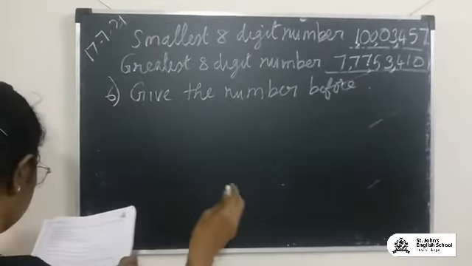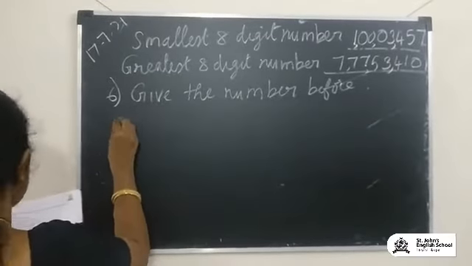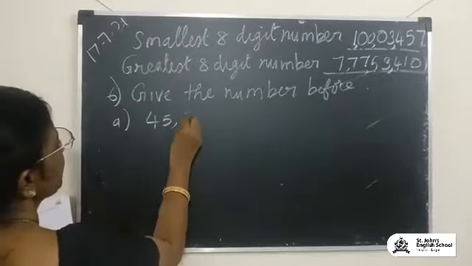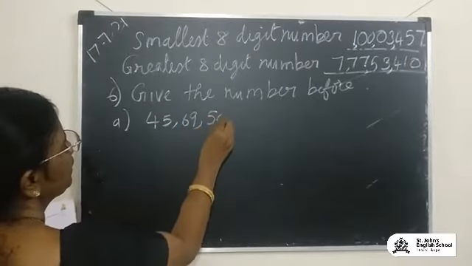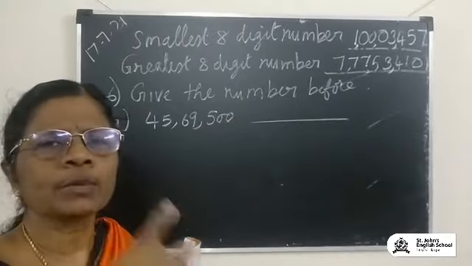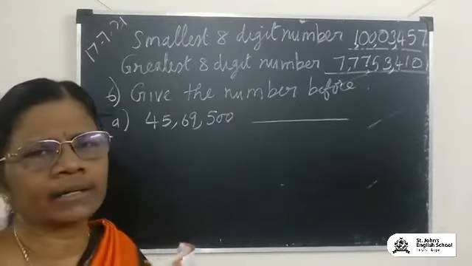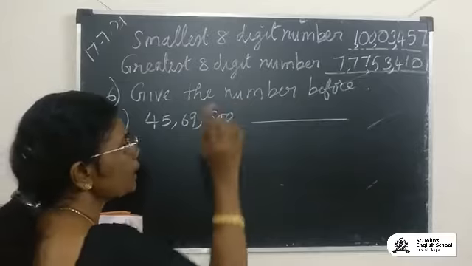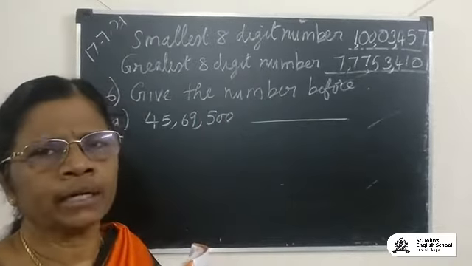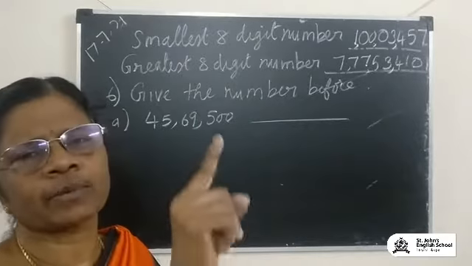Okay, so first of all, I'll take the number A sum, 45 lakhs 69,500. Okay, now we are just going to see what is the one number before 500. Okay, if you take 50, the previous number will be 49. One number less, 50 minus 1, 49.